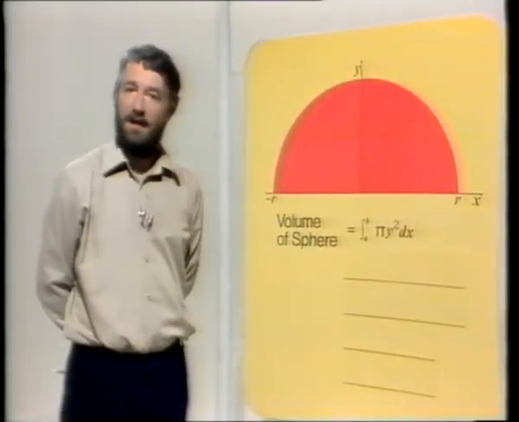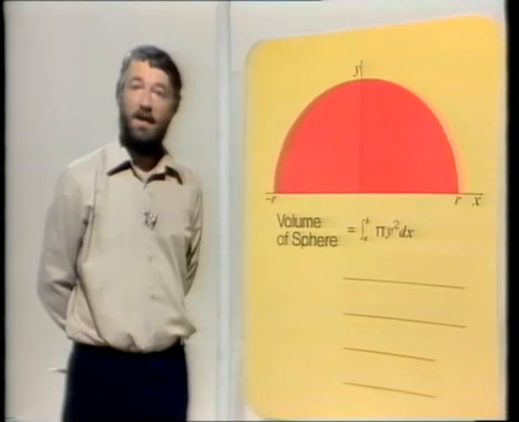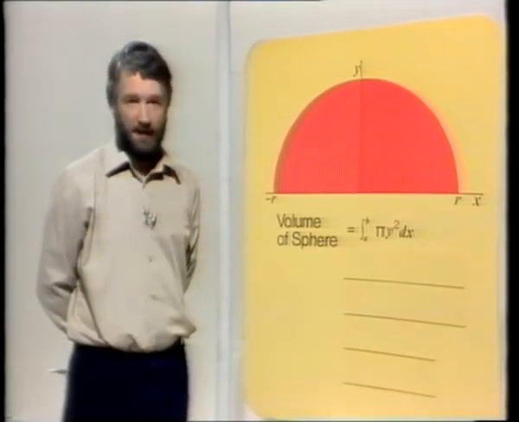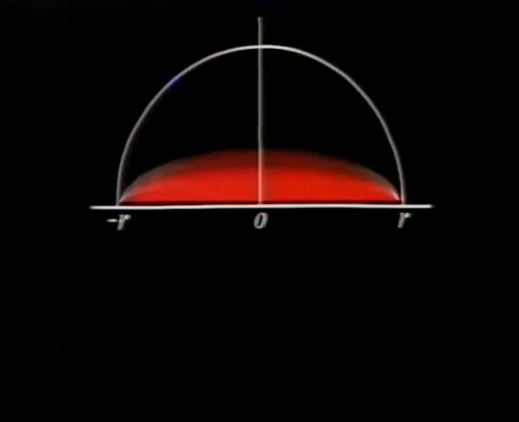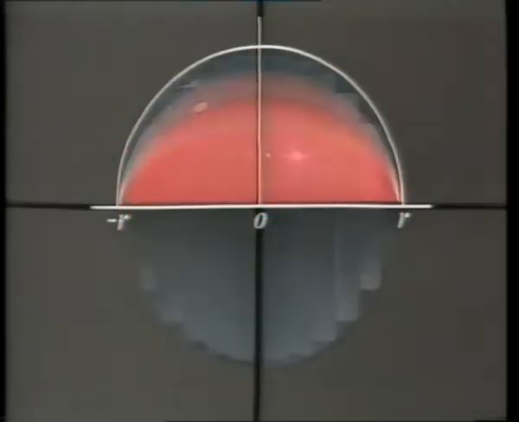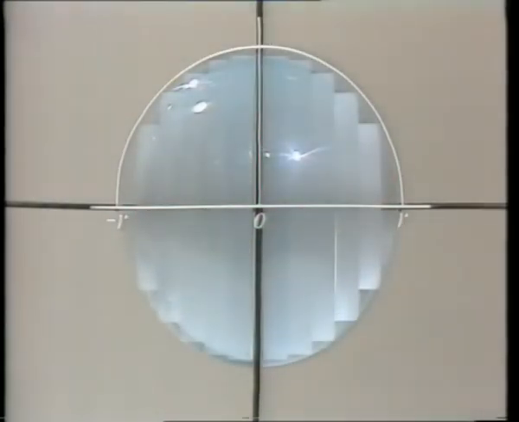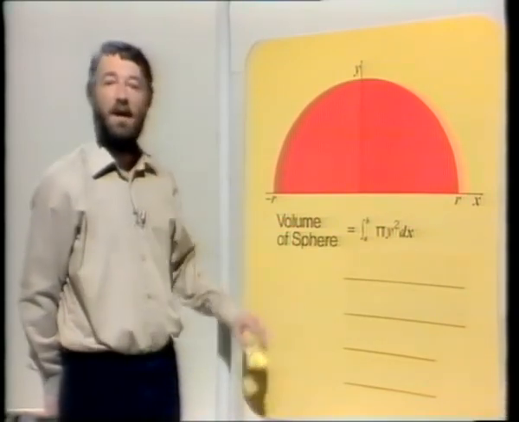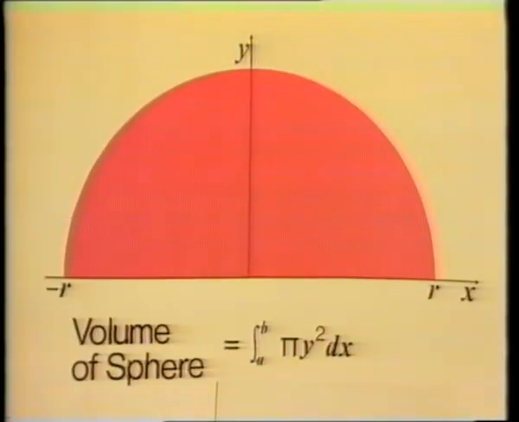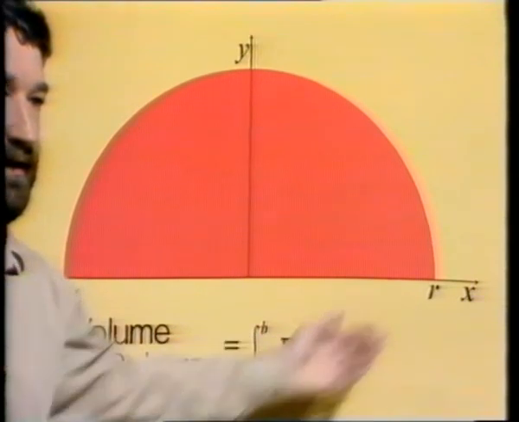Let's return now to our sphere of radius r. Firstly, we can see that a sphere is a volume of revolution. The area between this semicircle and the x-axis, when rotated, generates a sphere. Here's the formula for the volume. We need to do two things. First, get the limits. They are minus r and r.